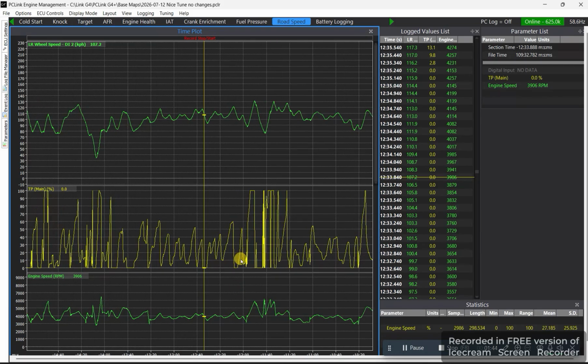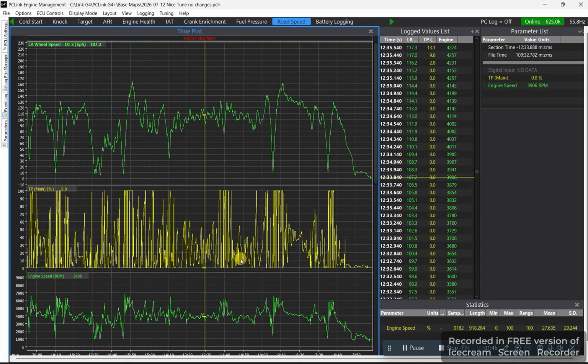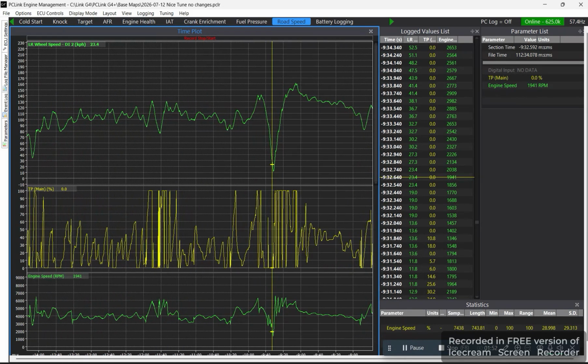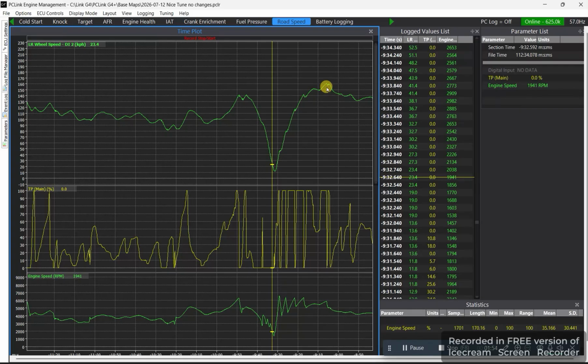If I push the up and the down arrows on my keyboard, I can look for where I was running slow and spread it out, and where was the highest that I drove. Here's 160 k's an hour, and here's 11 k's an hour. So between there and there, in this time frame written across the bottom, I accelerated from 11 to 160 kilometers an hour.